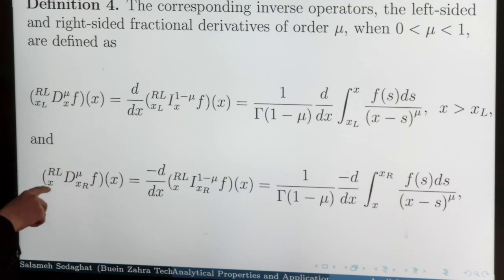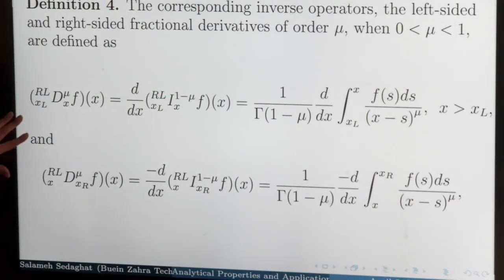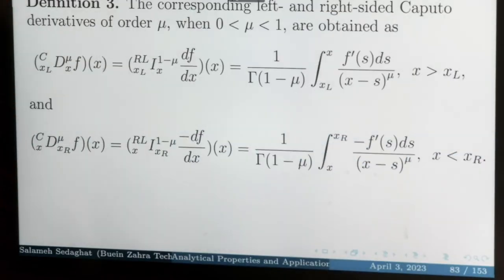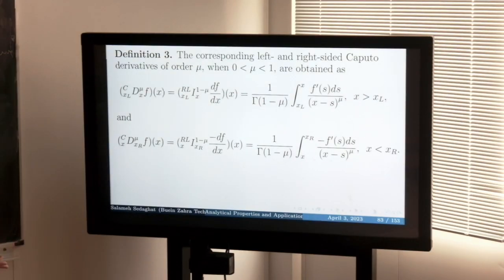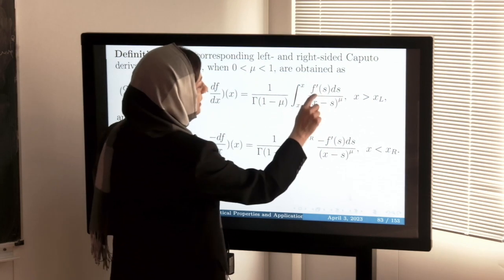And also for the right-sided Riemann-Liouville fractional derivative of order mu, we have this property. Also, the left-sided and right-sided kappa 2 derivatives are like this, the only difference is here.